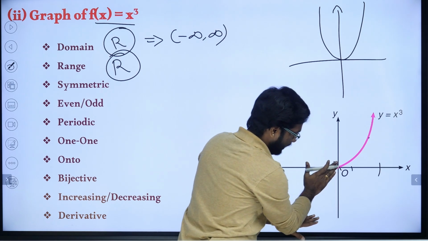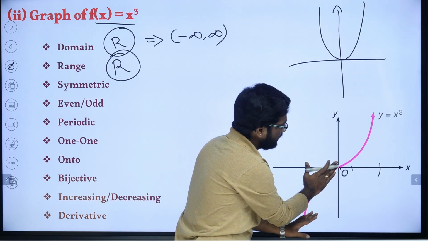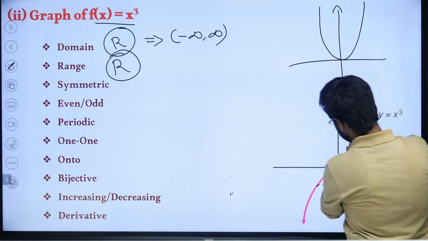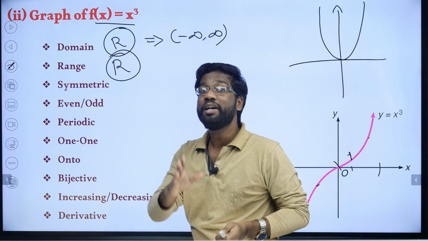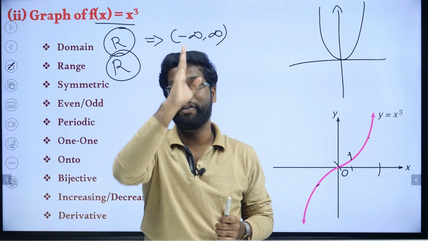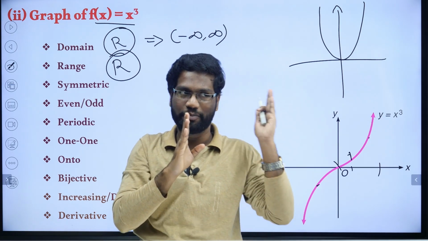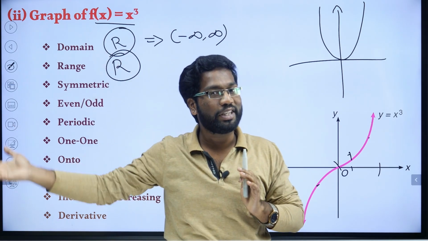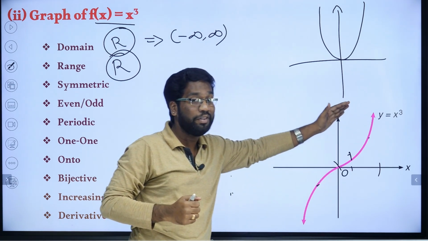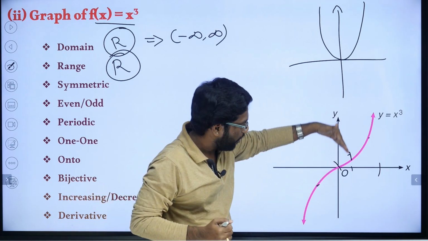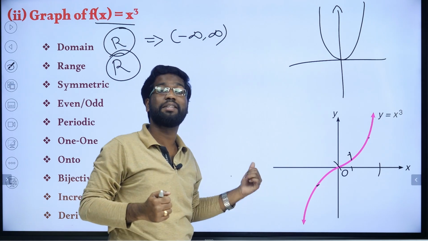If I completely erase this part, and again if I completely erase this part, both are going to be the same, my dear students. As I said before, our face: from half of the face, if I see from here, it will be the same, and from here it will also be the same. Likewise, it is symmetric about the origin, my dear students. From the origin, if you see, they both look symmetric.